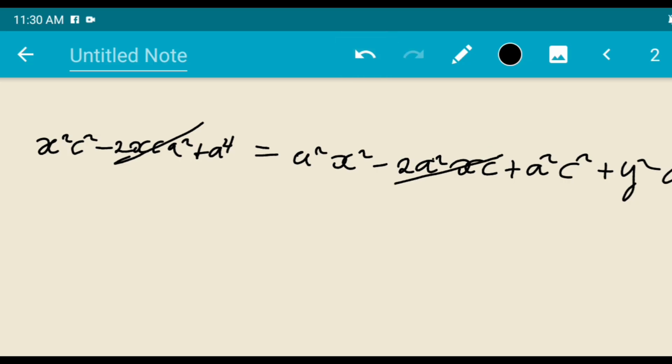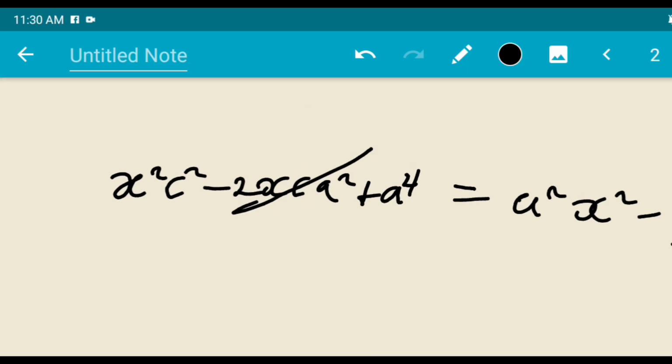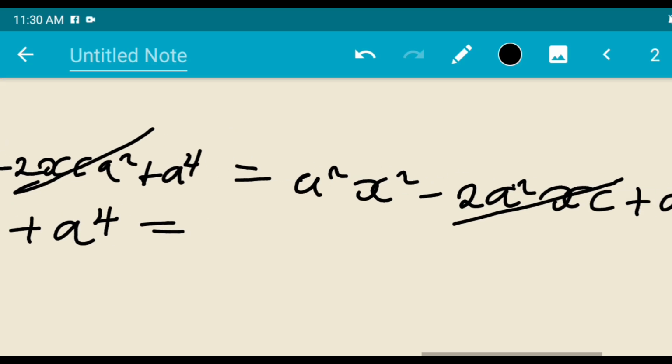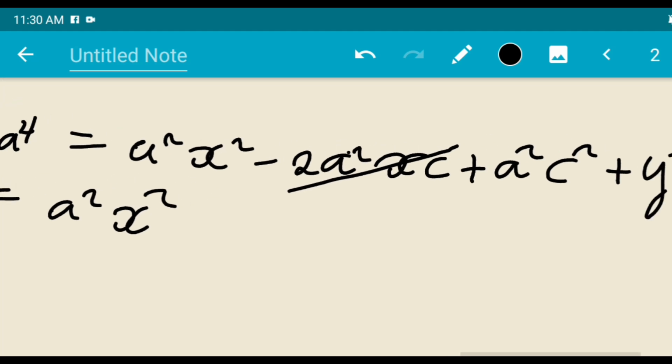So what we're going to remain with on the left side will be x squared c squared plus a raised to the fourth, equal to what's on the right, which is going to be a squared x squared plus a squared c squared plus a squared y squared.